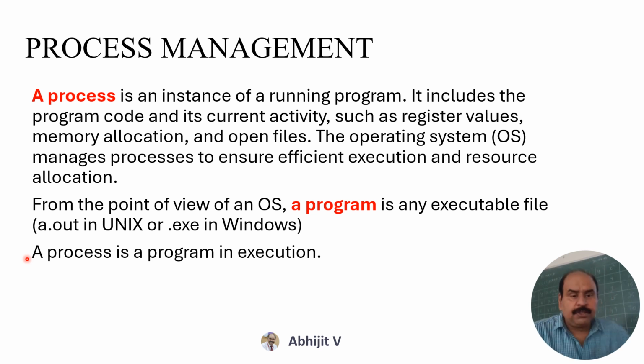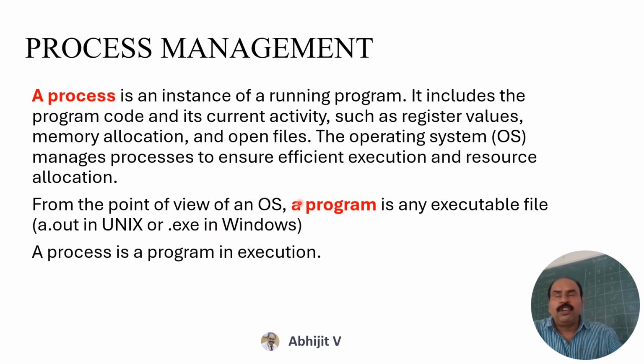So a process is a program in execution, and there is a difference between a process and a program. A process is a program in execution and it is not the program as such.